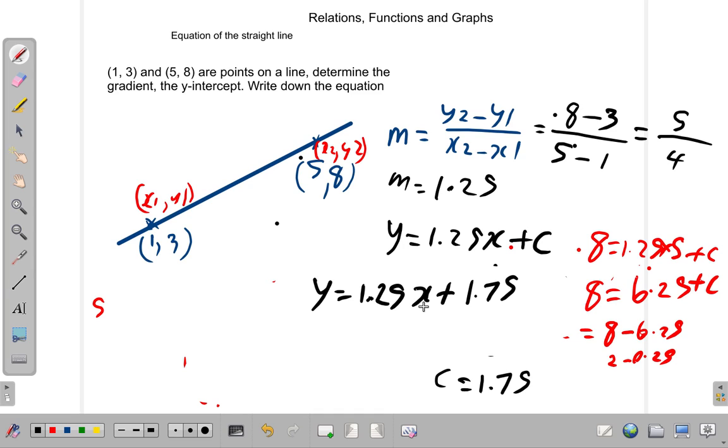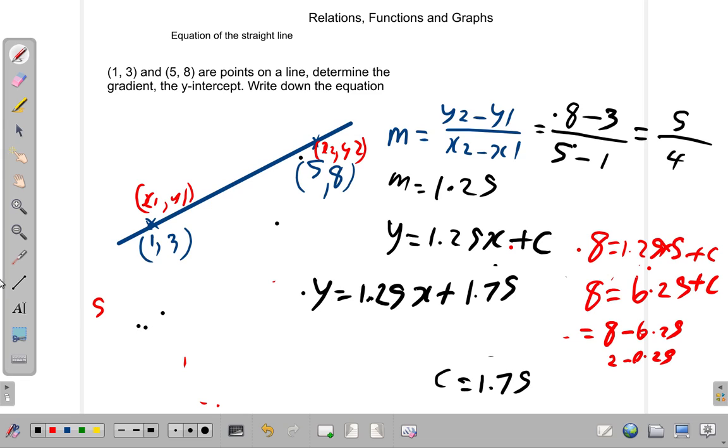Sometimes, in some books on our website, they don't use the decimals, they use fractions, and you use the improper fractions when writing this down. So let's look at other ways you could write down this equation.